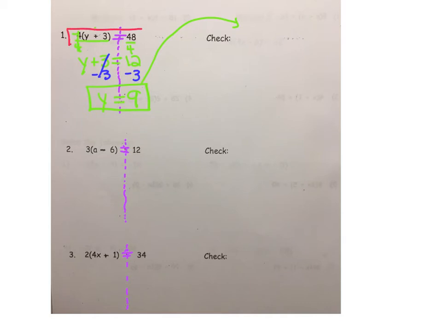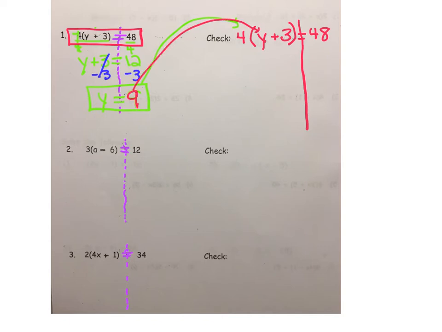Now take the original equation you were given and jot it down in the area where we're going to check our answer. 4 times the quantity y plus 3 equals 48. When we check, we drop a solid line. Now, substitute a 9 in for y. Rewrite it. 4 times the quantity 9 plus 3 equals 48.